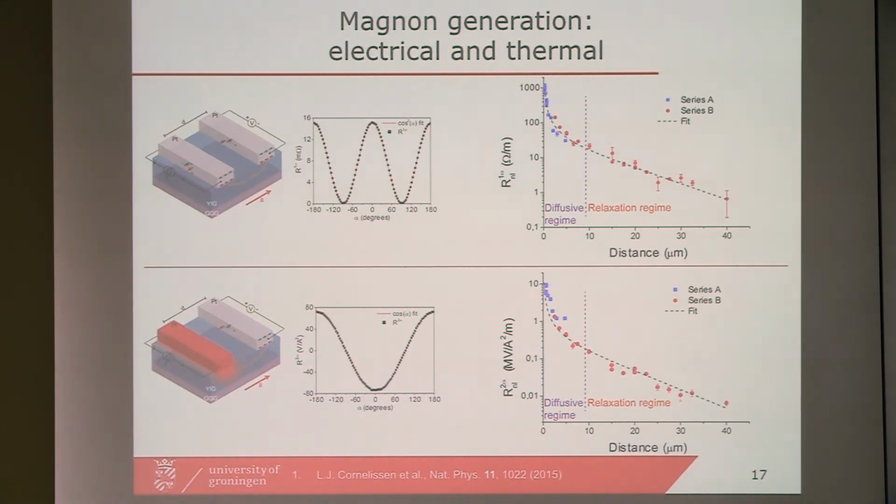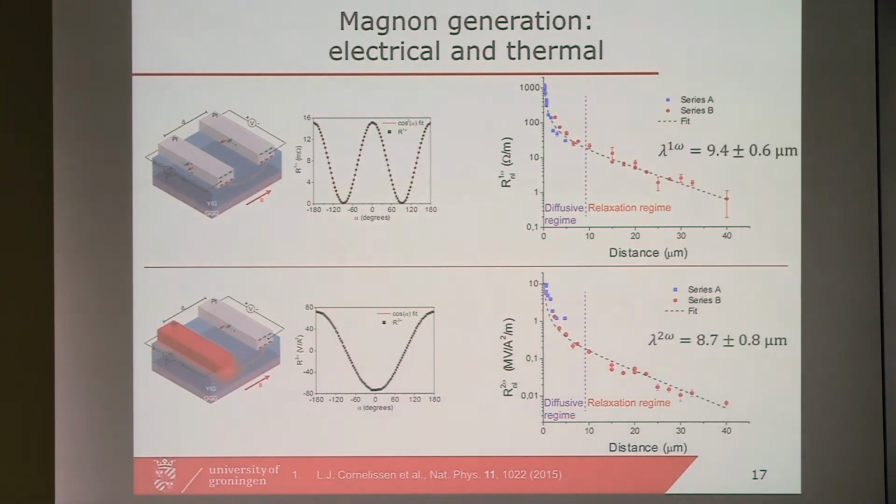And in particular, if we now look at the long distance regime, so for distances which are relatively large, we get this real exponential decay of the signal. Basically, if you look at the slope of this tail, this will give you the characteristic length scale over which the magnons can travel in a device, or in the YIG, before it decays.